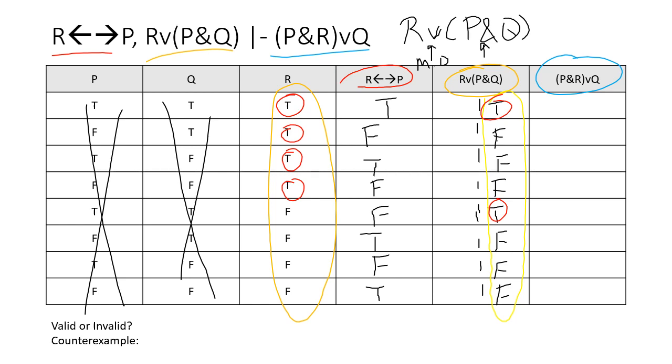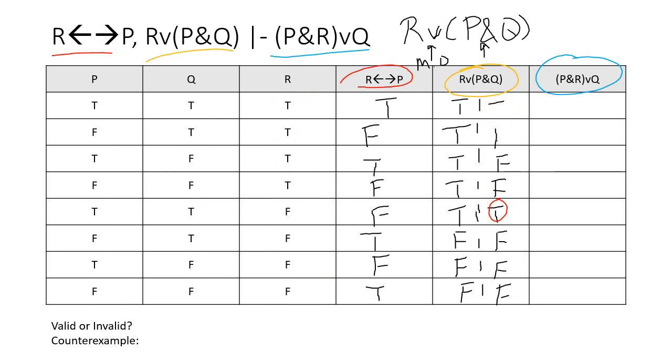So anywhere where you see a T, any row in which one of those, either the left side, the R, or the right side, the P and Q are true, true. The rest of them are false. And once we've got that, we can erase this right side because we only care about the main operator. And then we just got to do the conclusion.